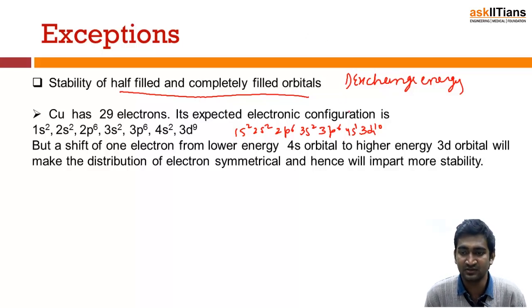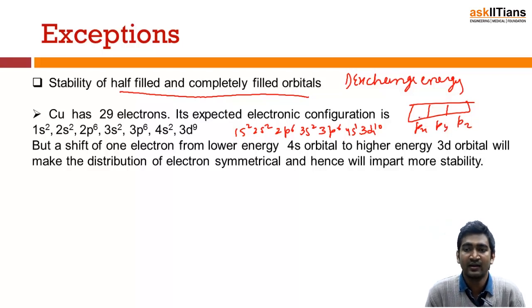For example, these are my 3p orbitals, px, py and pz, right? Now, if my electron can take place this space also, this space also and this space also, then obviously my permutations will increase, right? It can go anywhere and will be more stable anyway.